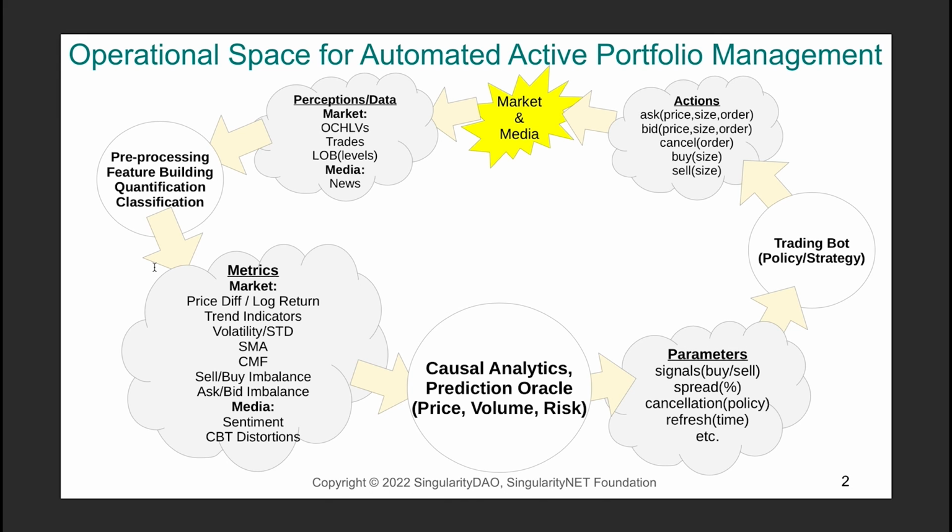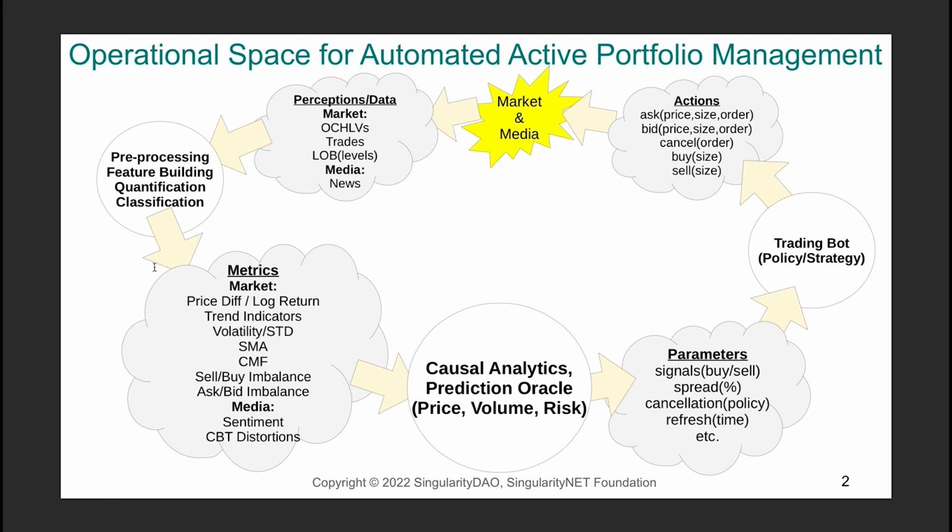This data is being preprocessed and turned into various metrics, like metrics derived from the market data, like different derivatives from price, like difference and local returns, and different sorts of imbalances computed from the sell and buy volumes and trade counts, ask and bid prices and volumes. And also we are computing metrics derived from social media, like sentiment, positive, negative, contradictiveness, and overall sentiment, and cognitive distortions known in cognitive behavioral therapy.